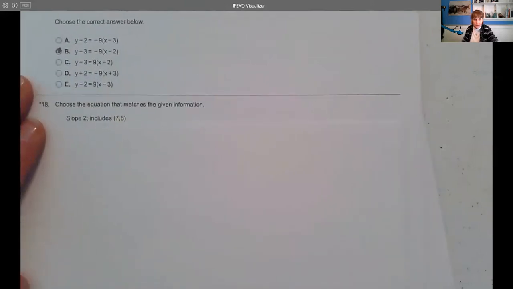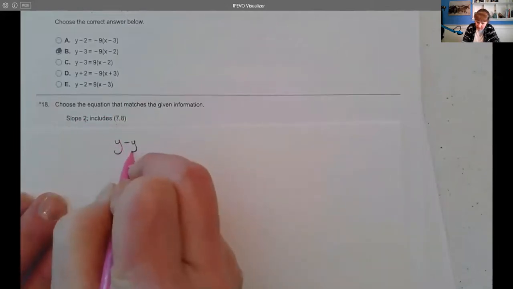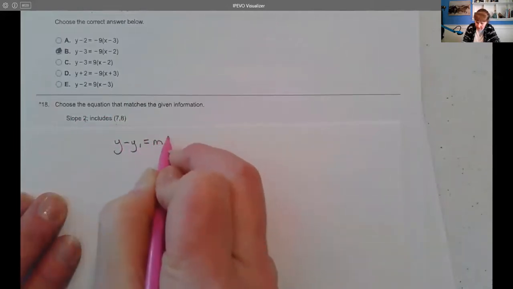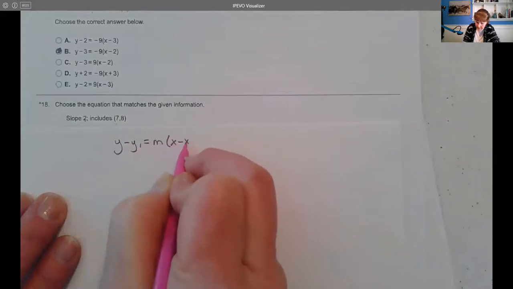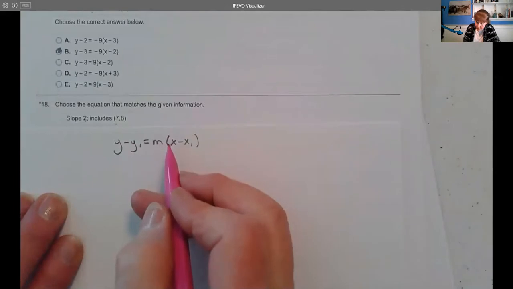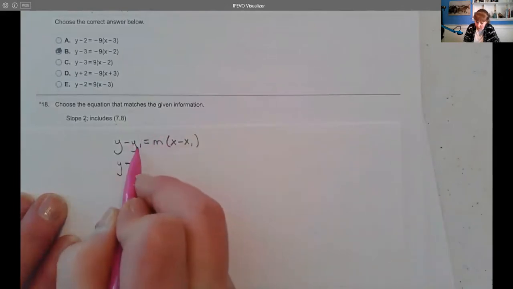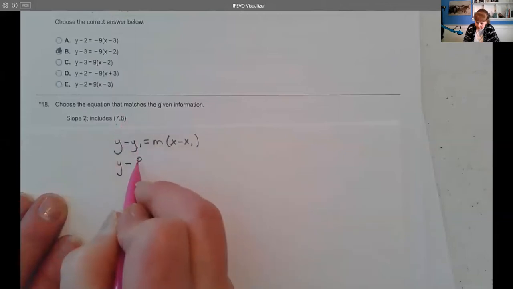All right, we're given the slope and a point, so we're going to use this because we're not given the y-intercept. We'll use y equals mx plus b. Okay, so y minus our y coordinate is 8.